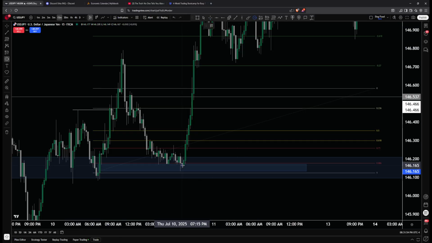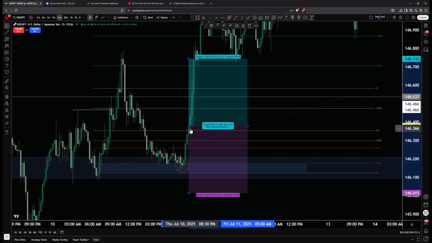You could have gotten down here for sure. The safe conservative entry is right here, above the 618, especially above the 50, you being super safe. If the price closes with a body above the 50 after coming down, you're super safe.